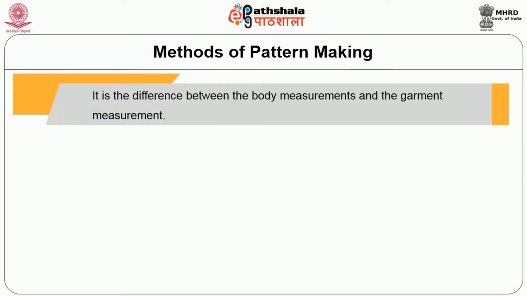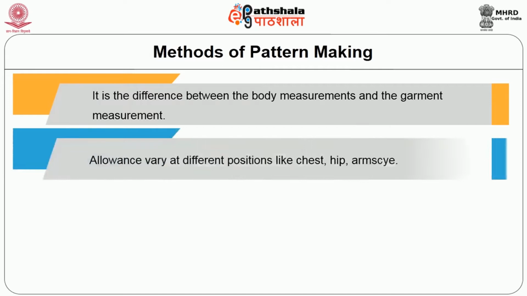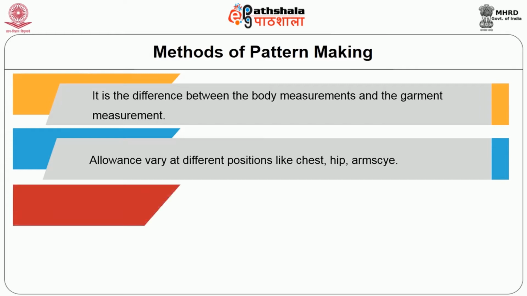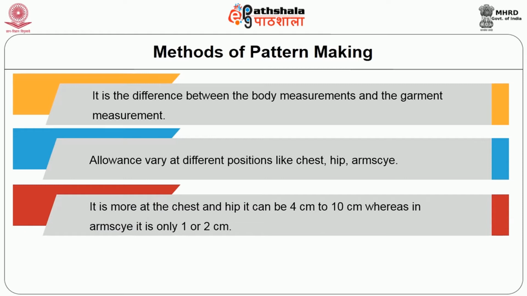It is the difference between the body measurement and the garment measurement. This allowance varies at different positions like chest, hip, arm side, waist and so on. It is more at the chest and hip. It can be 4 cm to 10 cm, whereas at the arm side it is only 1 or 2 cm.